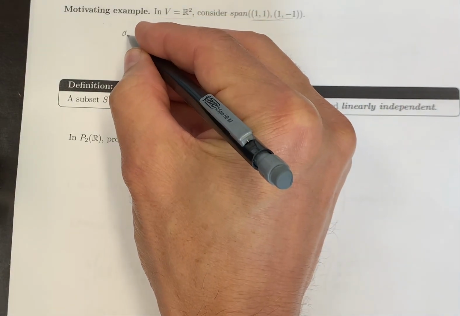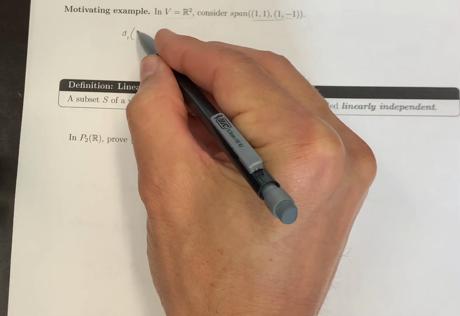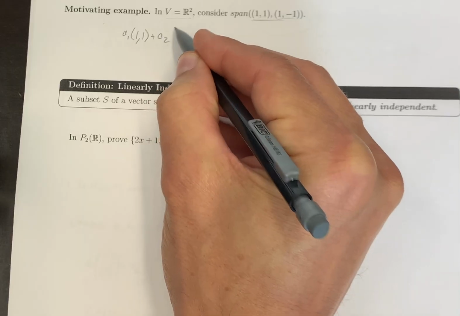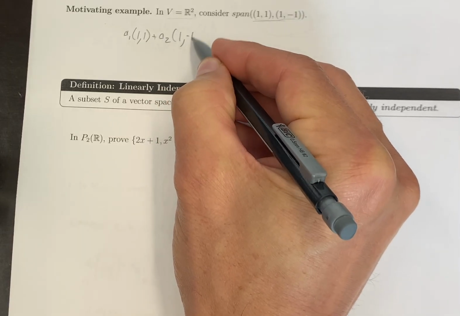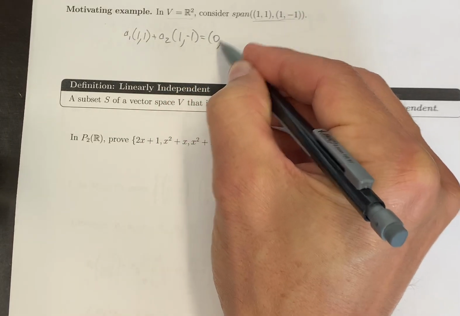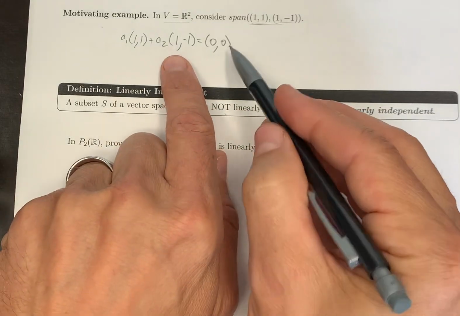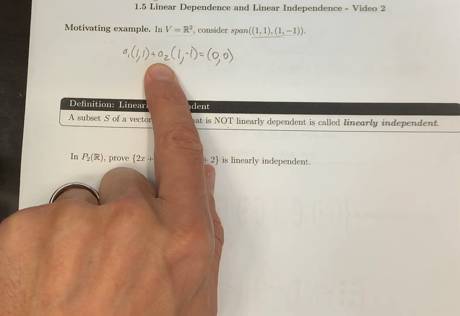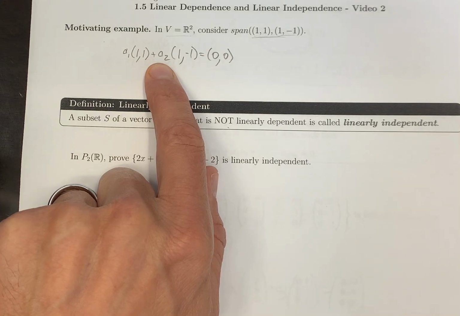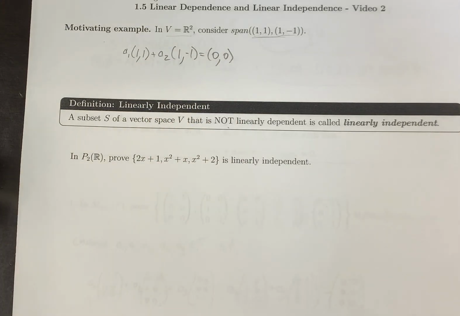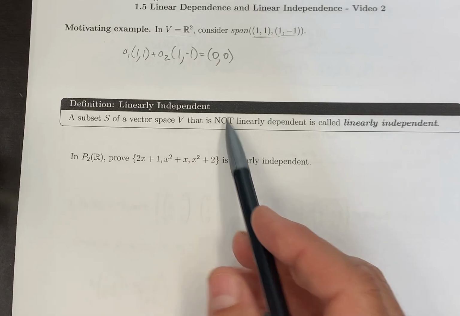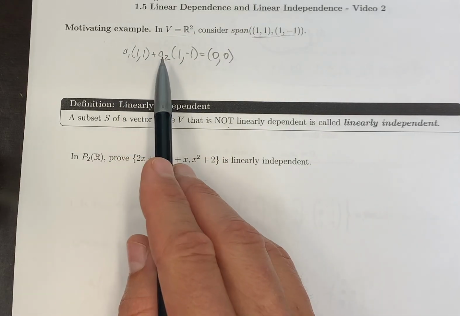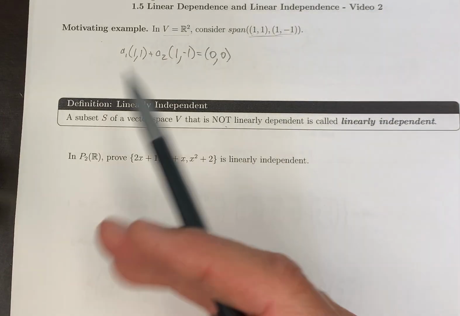Remember, to say that it was linearly dependent, you had to say that there was an A1 and an A2, not both 0, that would make this equation true. So how can that not be the case if the only way to make this true is A1 equals 0 and A2 equals 0?